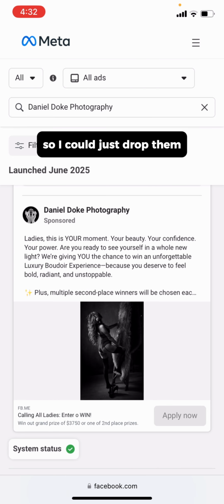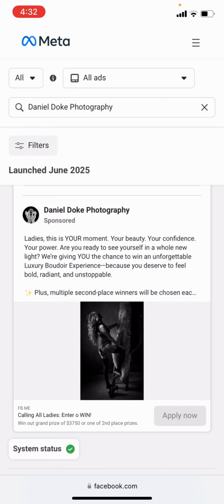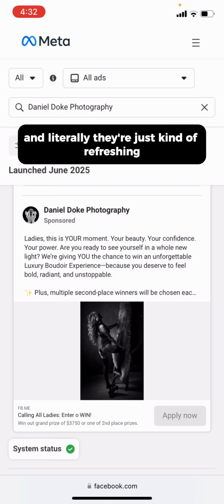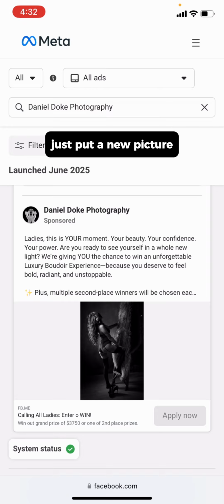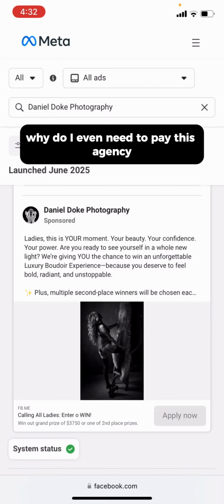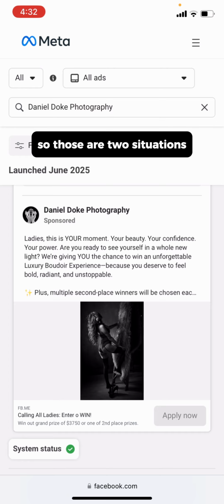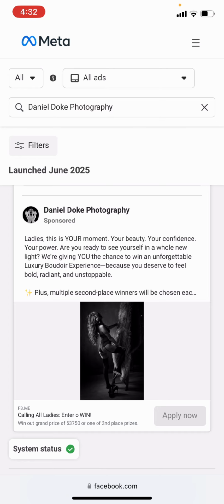So I could just drop them and keep running these ads, where they don't do anything. They just let the ads run, and literally they're just refreshing old ads with the same mistakes, just putting in a new picture. They're thinking, why do I even need to pay this agency? So those are two situations.